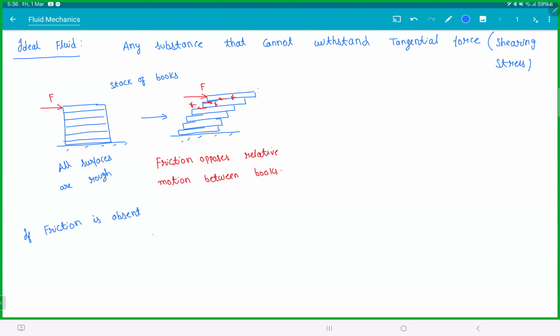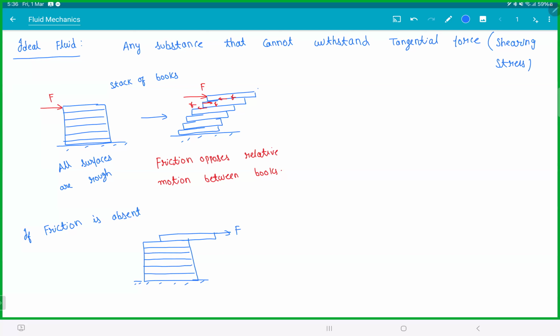If friction is absent, this is what you will see. The force which you applied on that one book, only that one book will move.